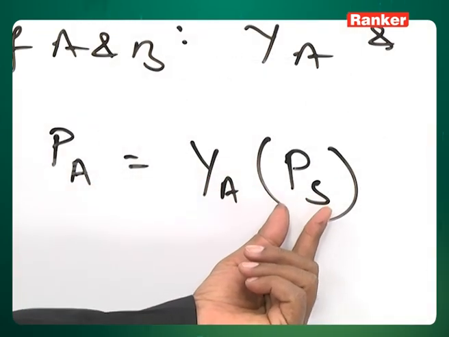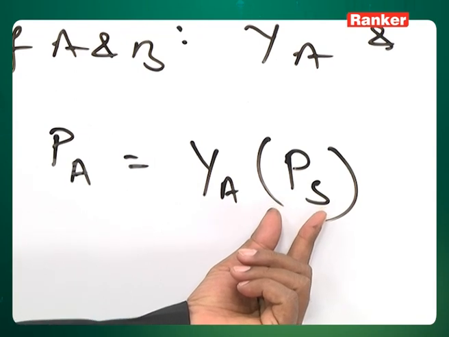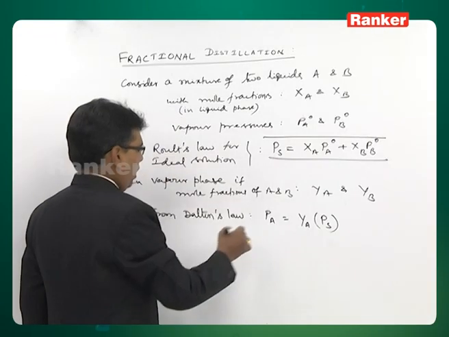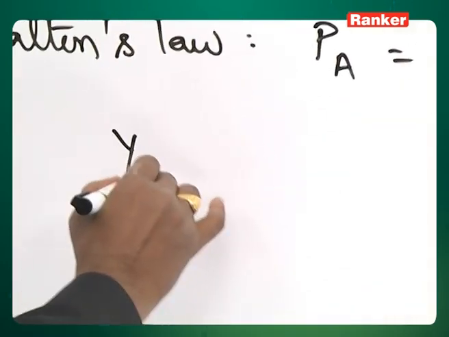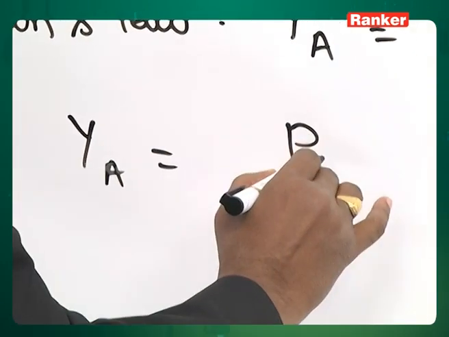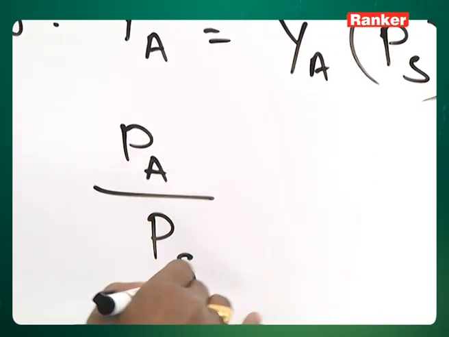Now, this P S is equal to X A P A naught plus X B P B naught. So, now you can write Y A as equal to P A by P S.